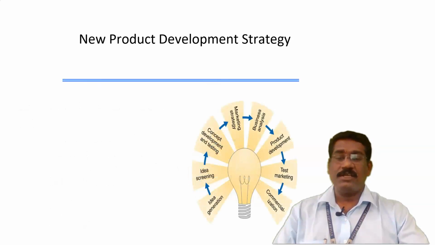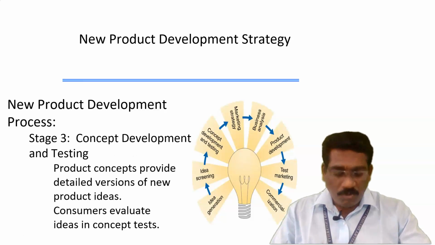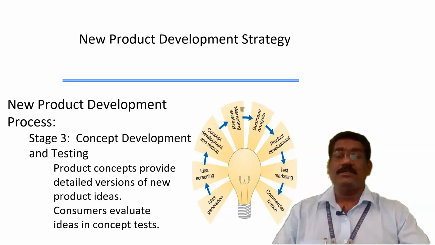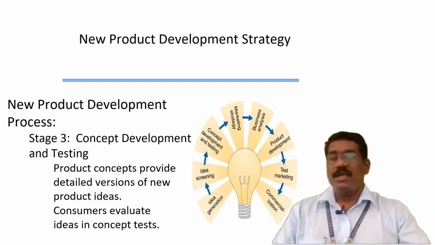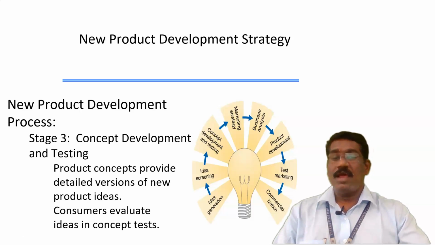Next, let us move further to stage 3, where we go for concept development and testing. What is basically a concept? The idea has to be given more meaning and more value.